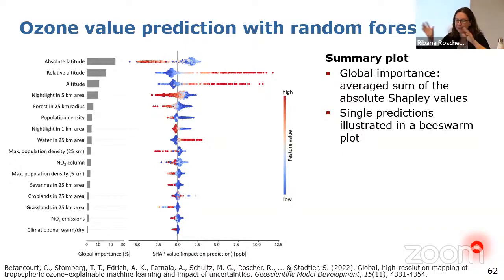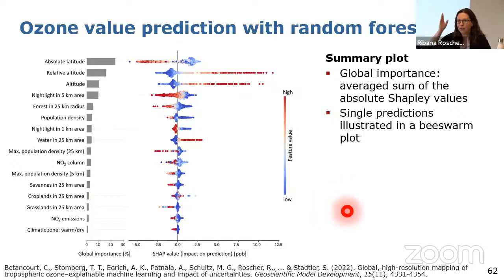So let's come back to the actual experiment for ozone value prediction. What you see here is a so-called summary plot. On the left, you see the features used as input, some of them. Right next to them is the global importance, which is the average sum of the absolute Shapley values.